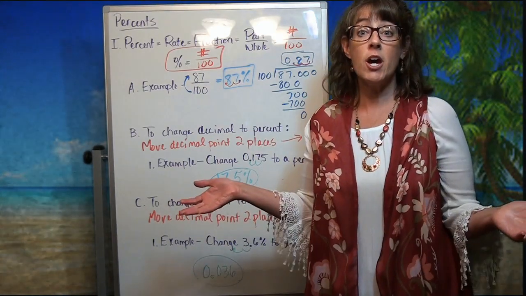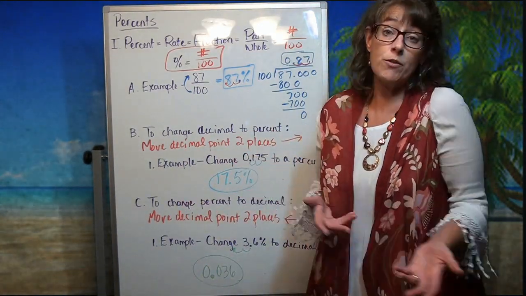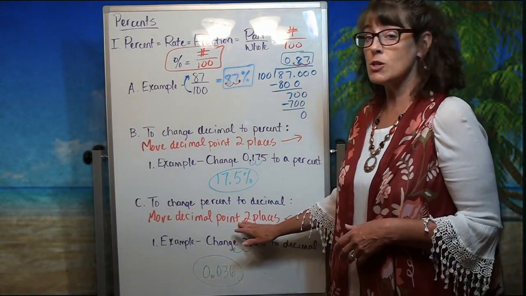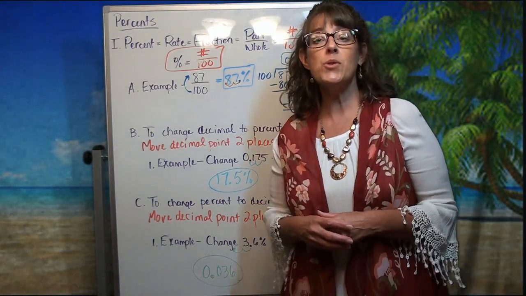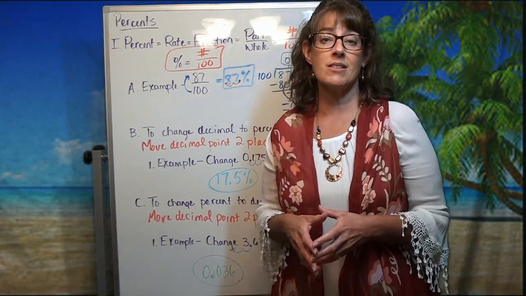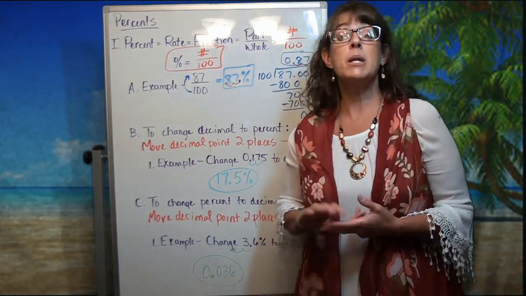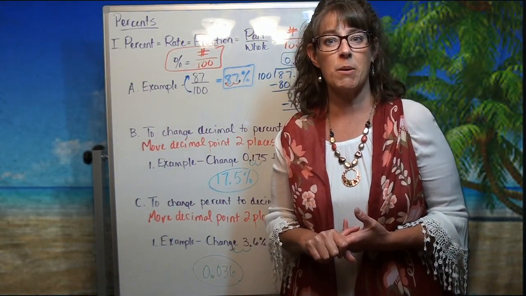And that's all I need to know. Because if I'm doing the reverse and going from a percent to a decimal, I'm going to reverse the rule and kick it 2 places to the left. Or you can memorize this rule and just reverse it if you're going in the other direction. That helps with that memorization, making the processes, number one, easier to understand because you can see where they come from. But number two, you're cutting the memorization in half and you don't have to memorize as much.